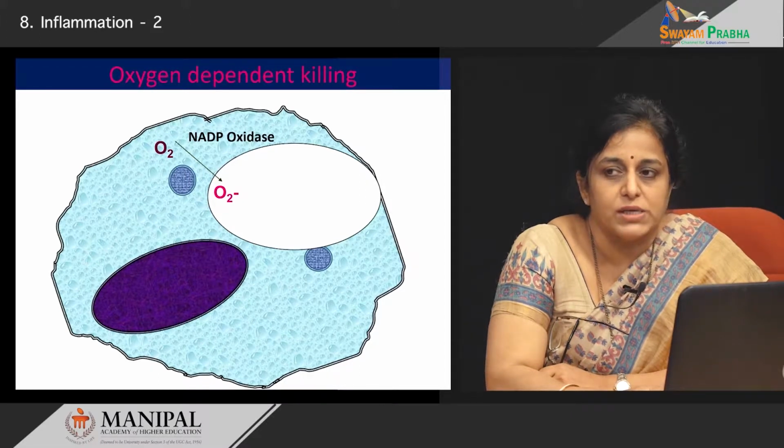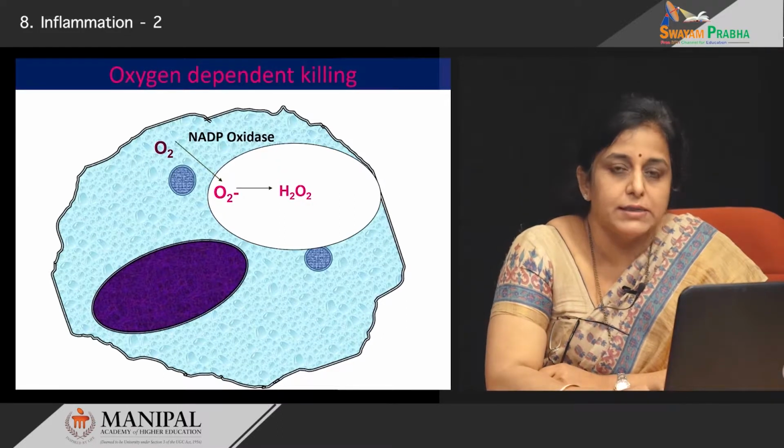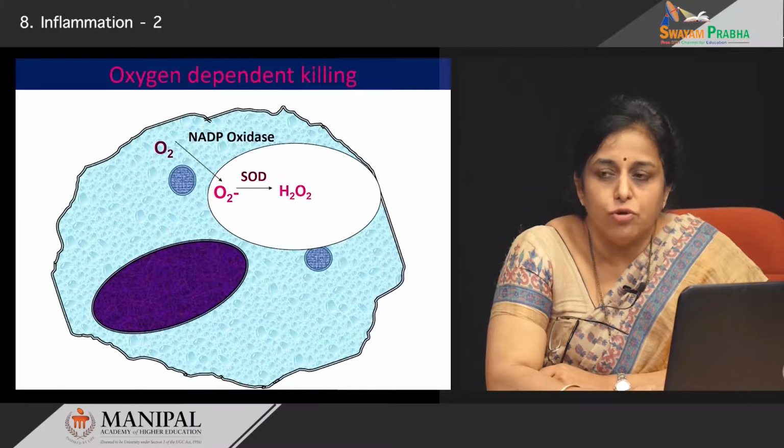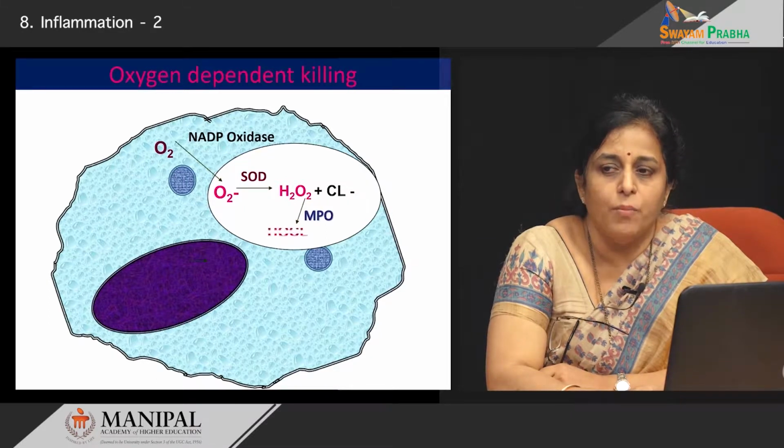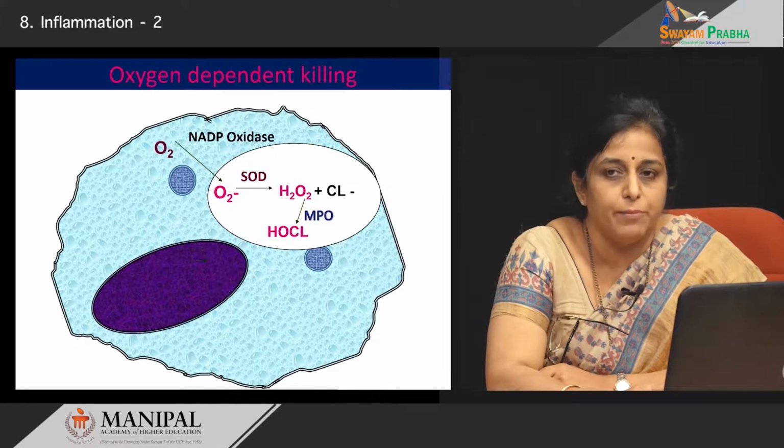This superoxide is further converted to hydrogen peroxide by an enzyme called superoxide dismutase. The hydrogen peroxide further combines with chloride in the presence of the enzyme myeloperoxidase to form one of the most potent bactericidal agents within the phagolysosome, called hypochlorite.